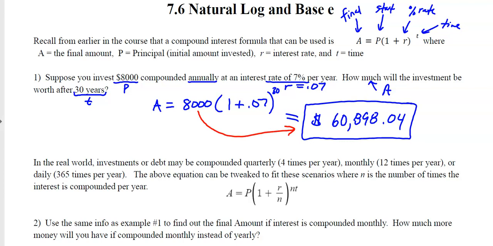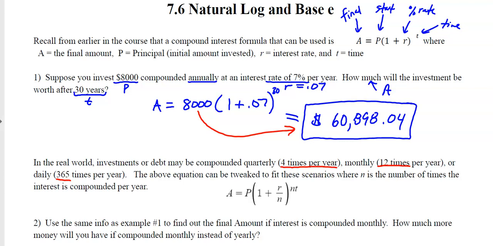In the real world though, investments or debt may be compounded quarterly, which means 4 times per year, monthly, 12 times per year, or even daily. A lot of times with your credit cards, the interest against you, your debt, is compounded daily, 365 times per year.